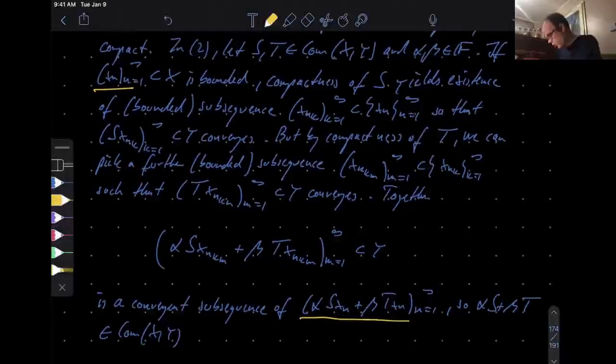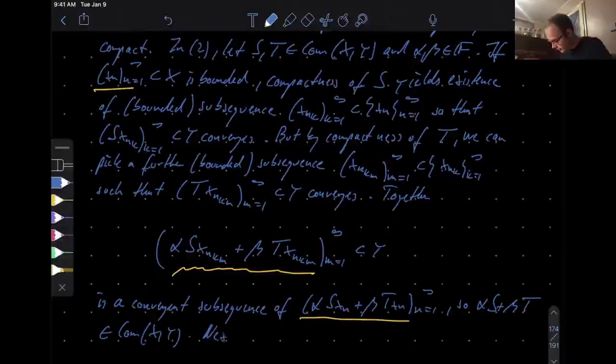And then what we just showed is that the image sequence of the linear combination of these two has a subsequence which is convergent, and hence that combination by definition of compact linear transformations is compact. All right, so now we know already that this Com(X,Y) is a subspace. Now to show that it is closed, what we will do is take an element in the closure and show that it is actually in Com(X,Y).